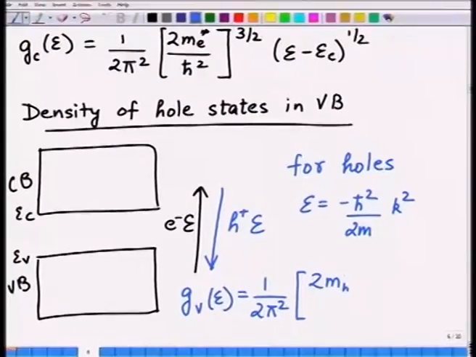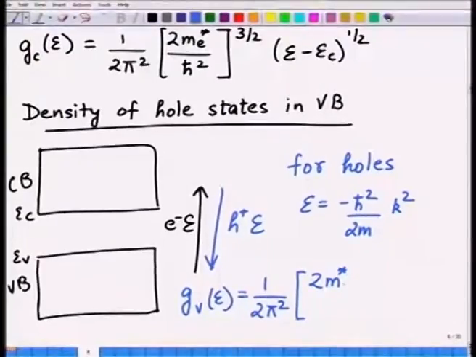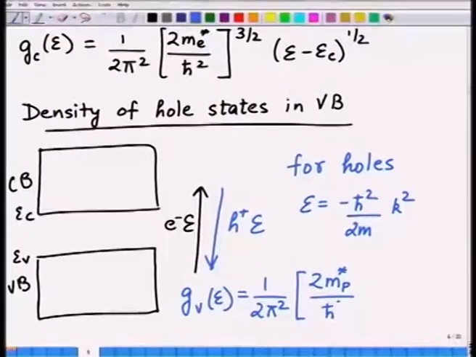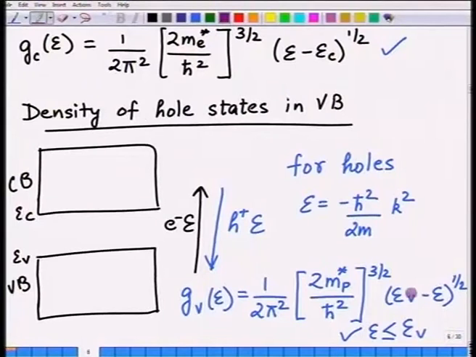Now I'm going to write m star, let's use P for holes, mp by h bar square to power 3 by 2, times EV minus E to power half, for energies less than or equal to EV. In the same way, the same logic applies when I'm looking at hole states.